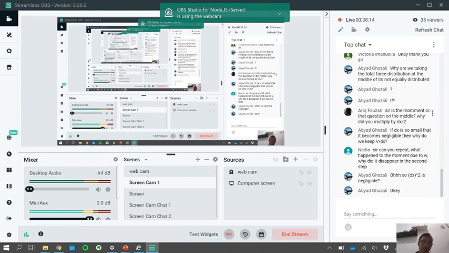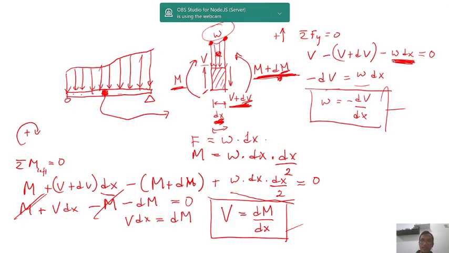Okay, don't worry, Rafi. If you don't understand this, we will still be able to use the final equation. For some of you, I believe you can understand how I get this particular equation and this particular equation.